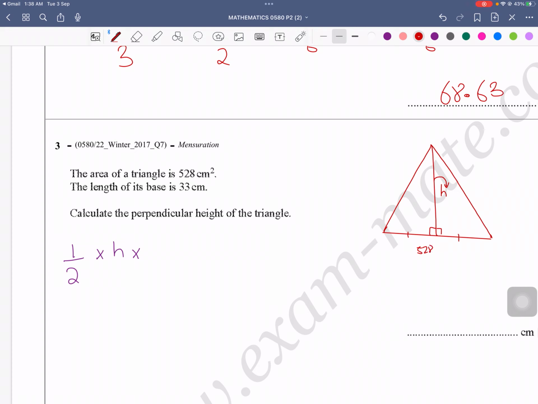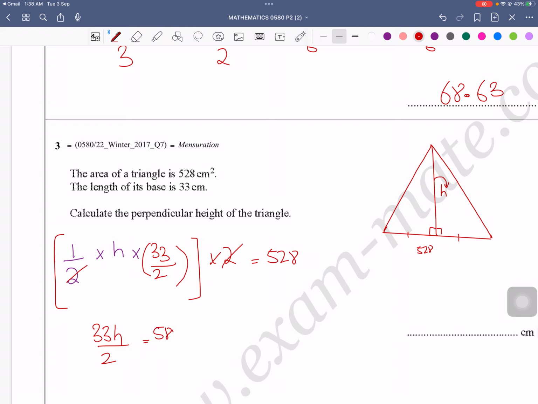So I can say that height multiplied by half of the base, and we will need to multiply this entire thing with 2, is equal to 528, right? So 2 cancels with this 2, and this becomes 33h over 2 is equal to 528.